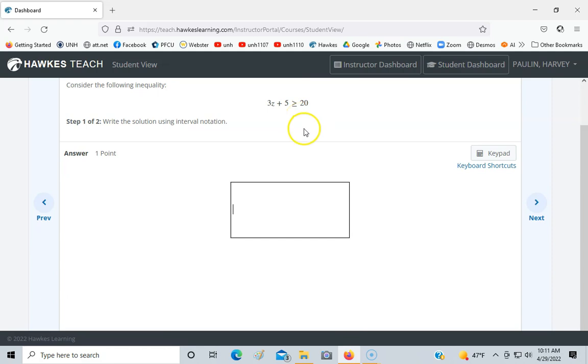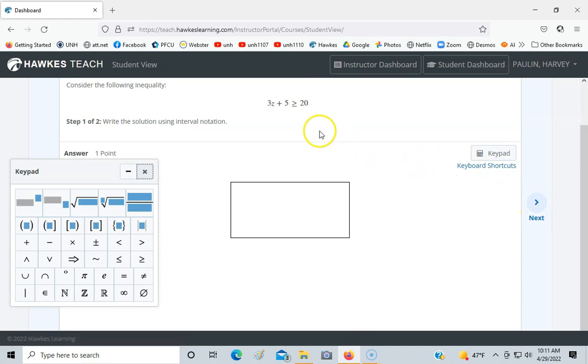Now we have to put that in interval notation. Again, I'm going to use my keypad because here I'm going to need a bracket and a parenthesis in that order. So I go over here to my keypad, a bracket and a parenthesis. Click on that.